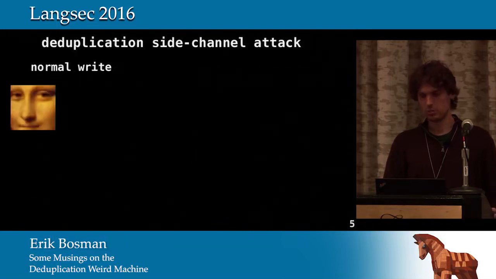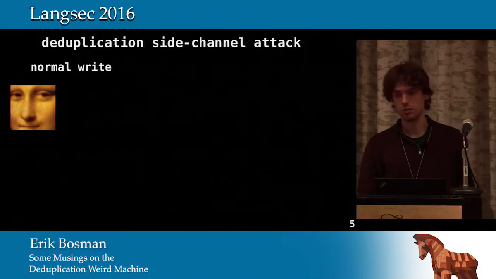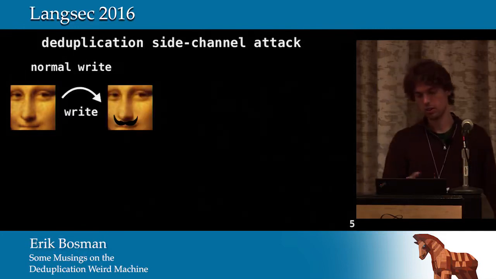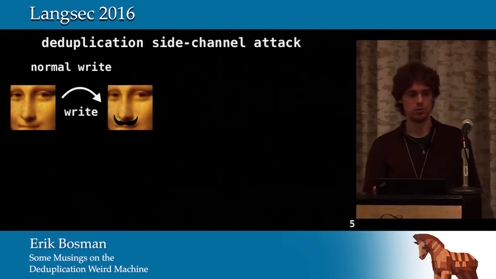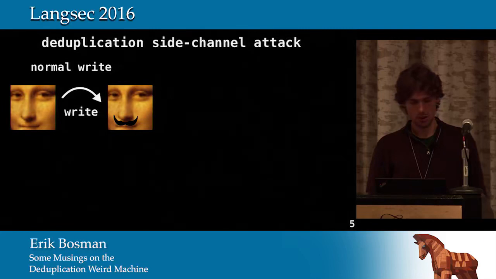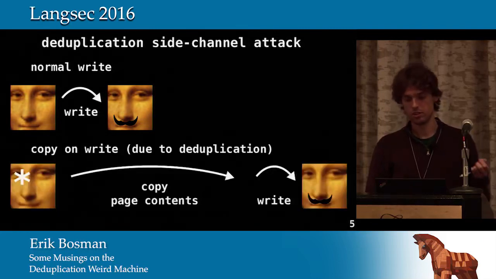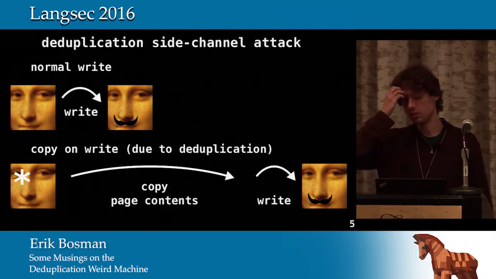And that's where the problem lies, because this is detectable, and it's also detectable from JavaScript. Because if you change one page with a single write, it doesn't take a lot of time, certainly when the cache is not cold. But when you do this on a copy on write page, the kernel or the hypervisor has to do all kinds of stuff before you can write to the page.